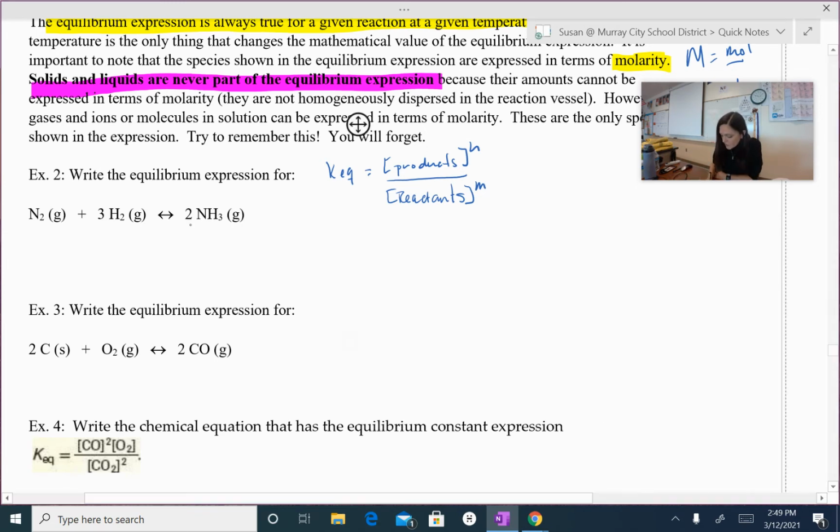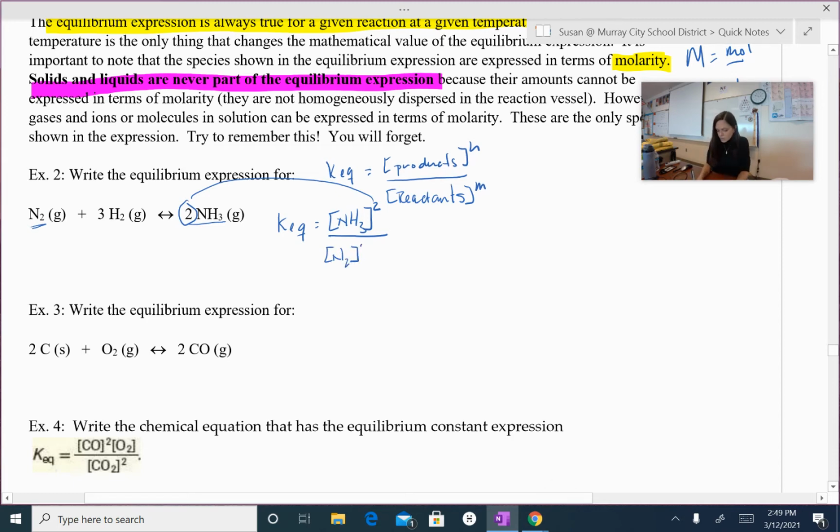If I look at my products, I have ammonia and I have a coefficient of 2. So my equilibrium constant expression is going to have my concentration of ammonia on top with a square, because that square comes from that coefficient of 2. And on the bottom, I have my reactants of nitrogen, and it doesn't have a coefficient.